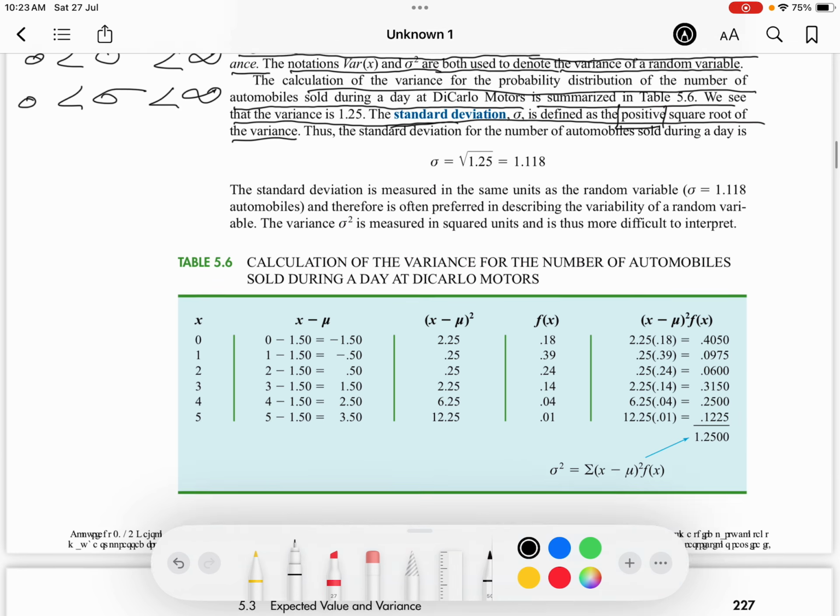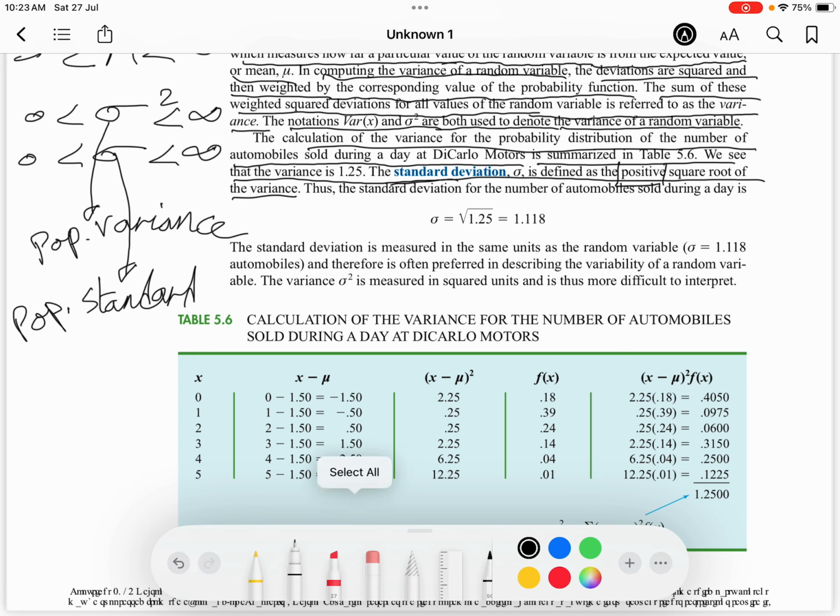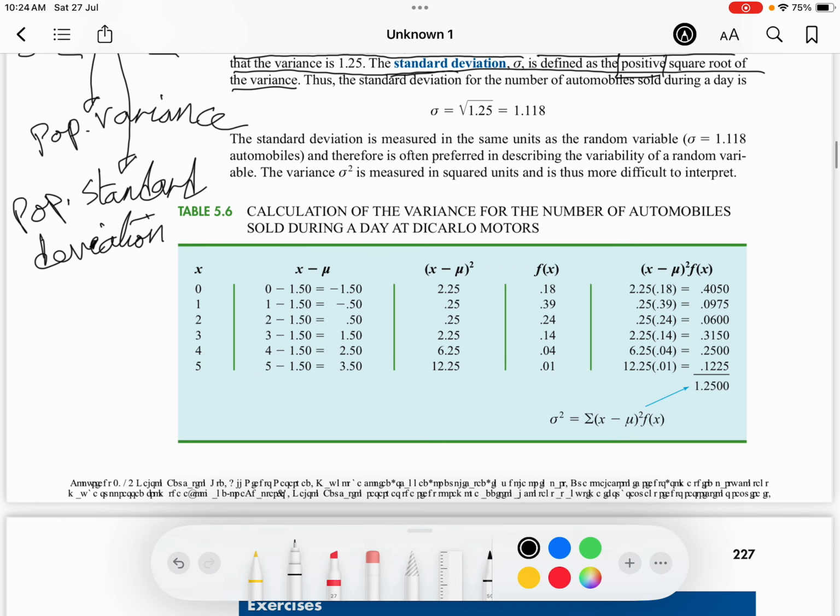Here it is a population. This is population variance, and this is population standard deviation.